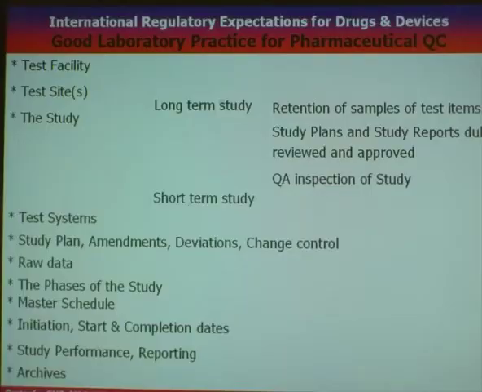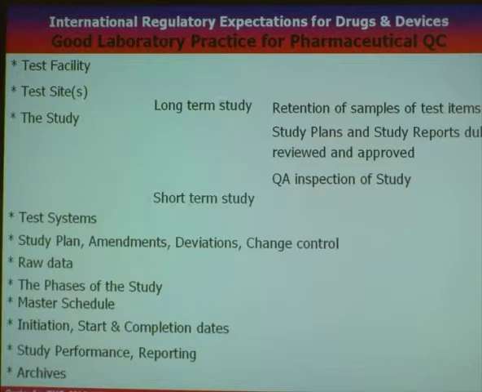So the first thing that comes up is the test facility or test facilities. The next is the test site or test sites, maybe more than one site. Then comes the nature of the study. Is it a long-term study or a short-term study? Now, what is the difference?